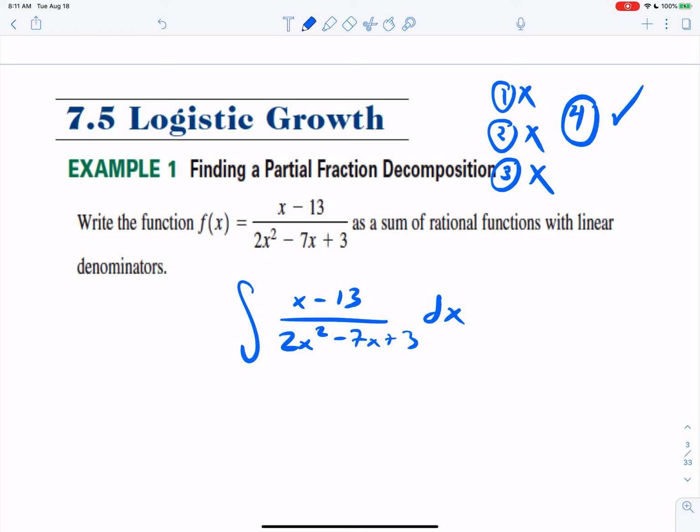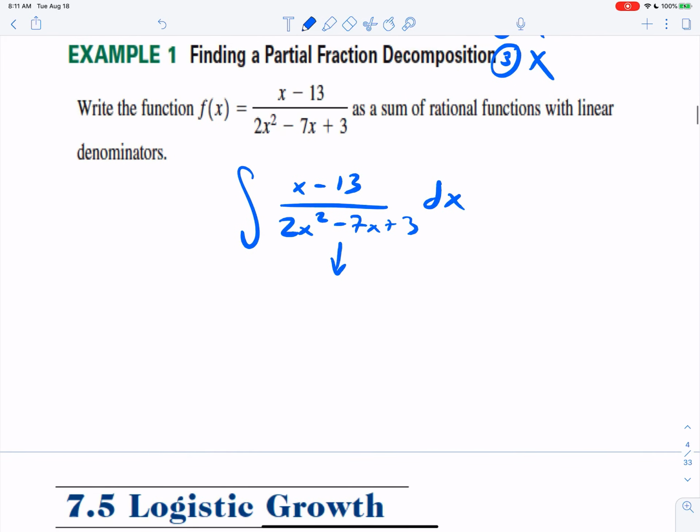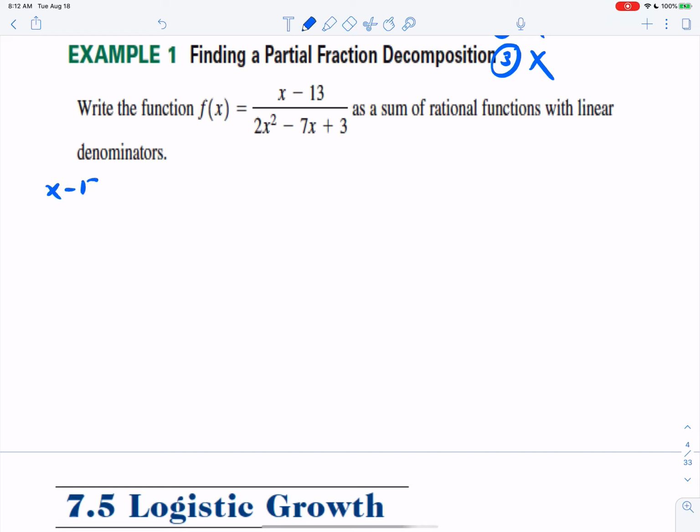So what we want to do is rewrite this so that it looks easier. Separately, let me go erase this so we have more space. We want to make sure that the denominator is factored. Go ahead and factor the denominator there.